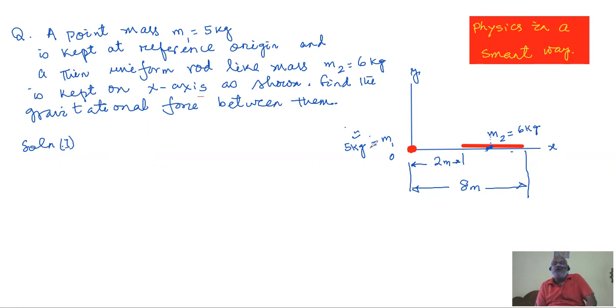So far as M1 is concerned, we got no issue with that, but M2 is a distributed mass. If M2 is a distributed mass, that cannot be taken as a point mass. But if you consider a small portion of M2, that can be taken as a point mass. And that is the way of calculus.